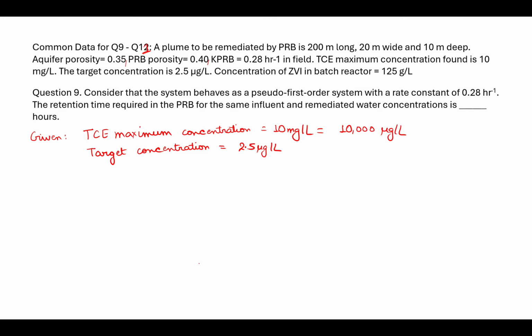And we have to consider the reaction as a pseudo first order system. So for a first order reaction, we use the following equation: concentration at any time t is given as initial concentration times exponential raised to the power of minus k theta, where theta is the retention time.